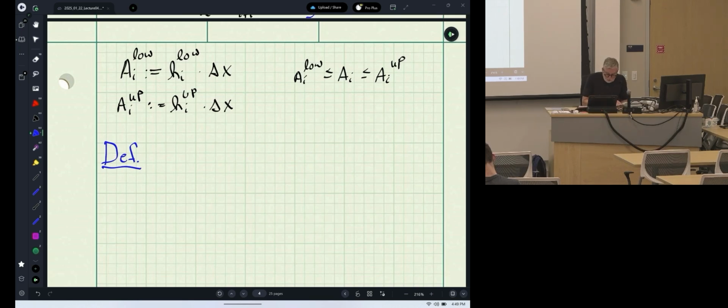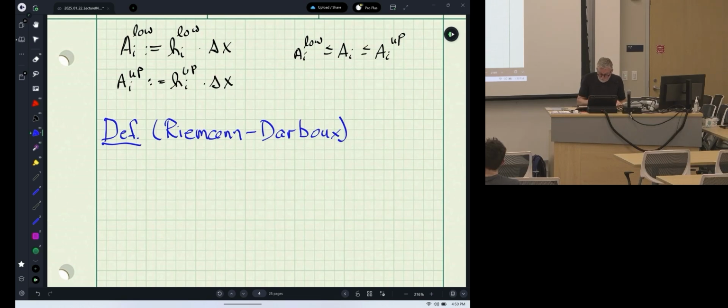Definition. The formulation that we use today was an improvement of Riemann's original definition.